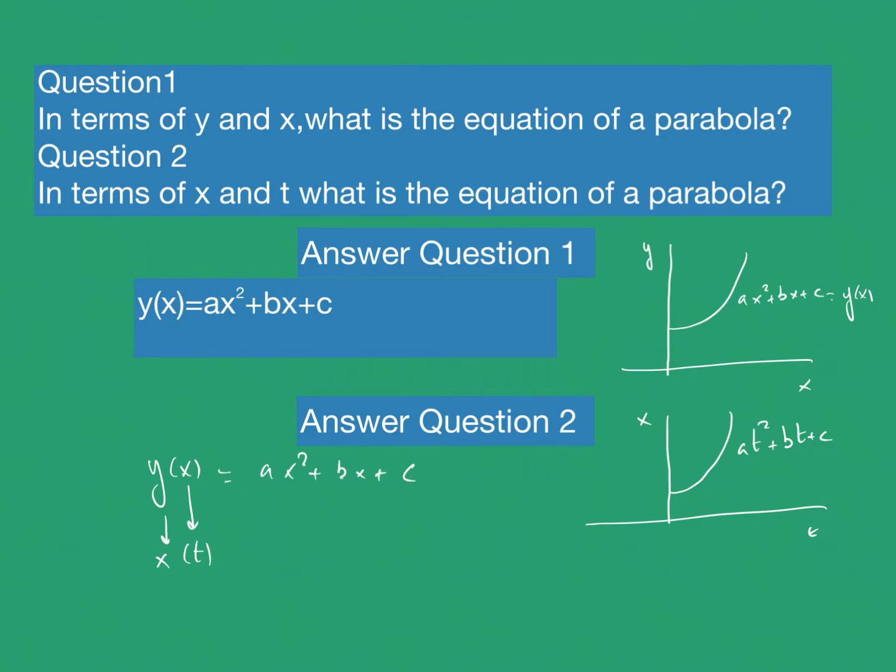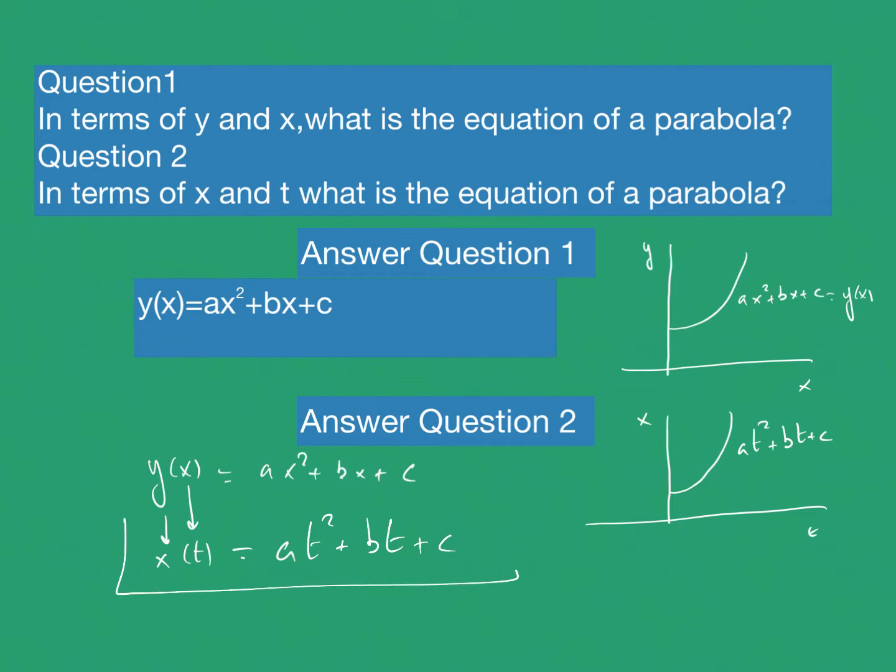The output is now x, so instead of writing y, I will write x, and the input is now t. So x of t equals a t squared plus b t plus c.